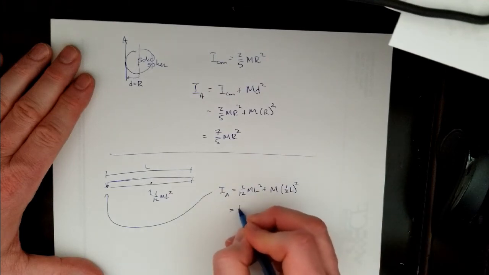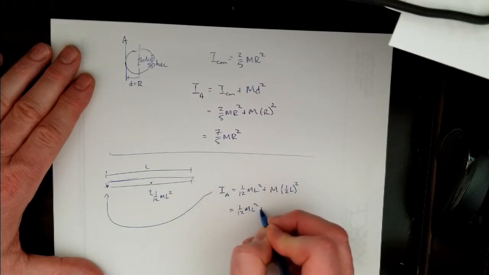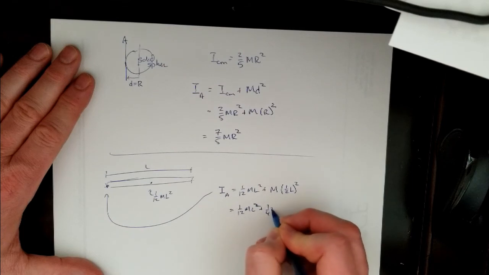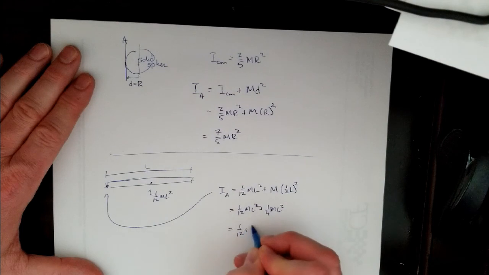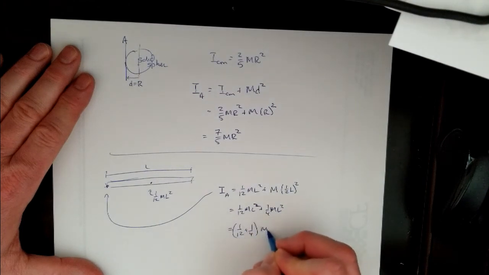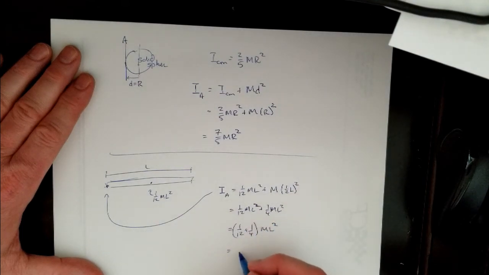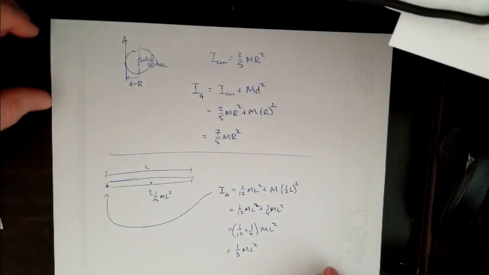So this becomes 1/12 ml squared plus 1/4 ml squared, which is 1/12 plus 1/4 times ml squared. With a common denominator, 1/12 plus 3/12 is 4/12, or 1/3 ml squared. And so these are some classic examples.